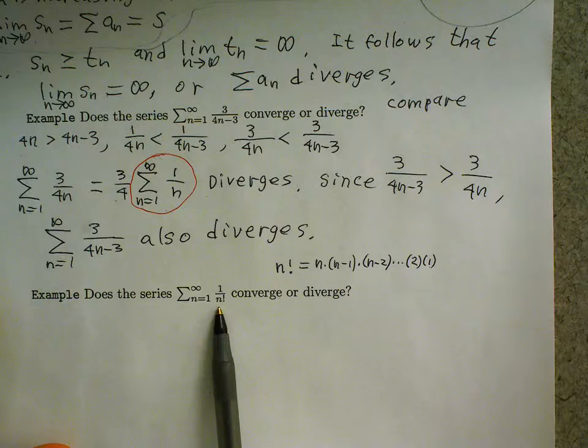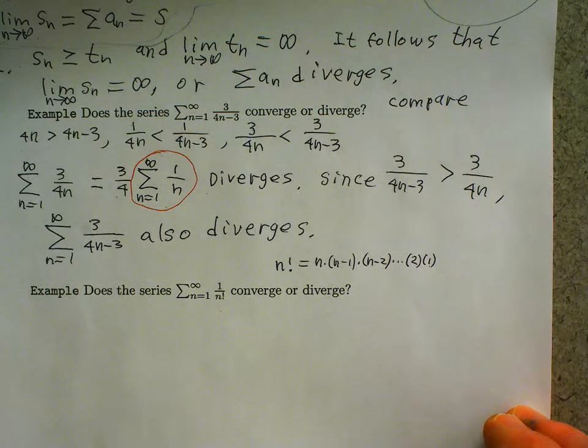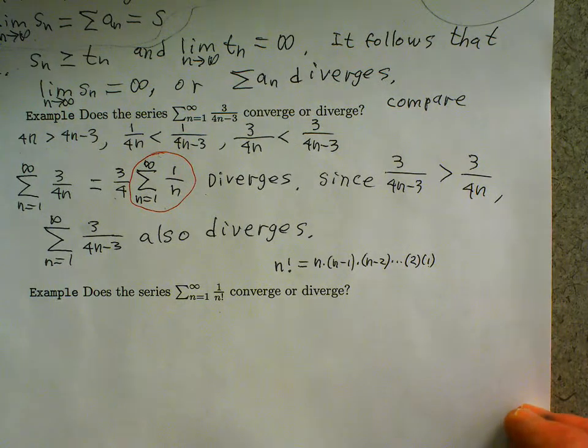Well, n factorial gets big pretty fast. So 1 over n factorial gets small pretty fast. So can you think of a suitable series to compare this one with?